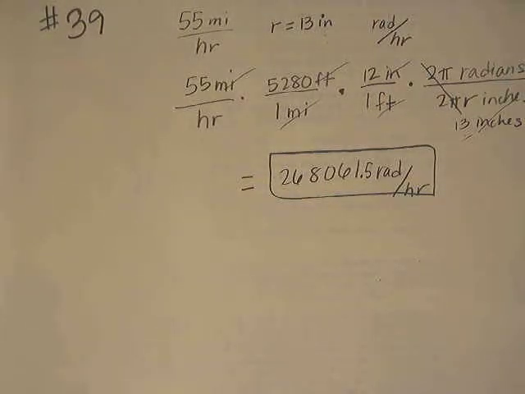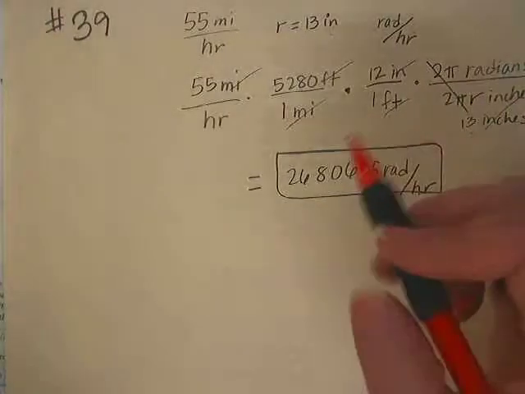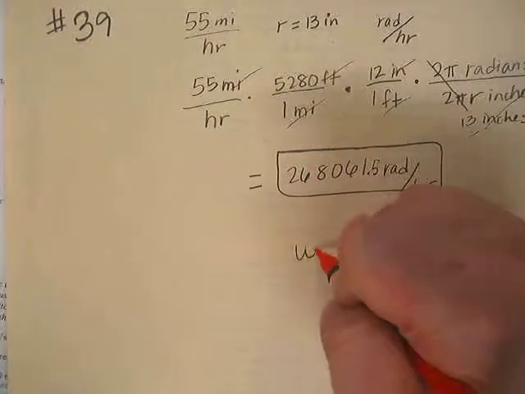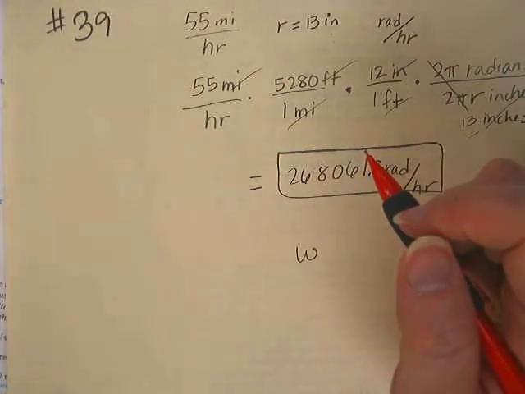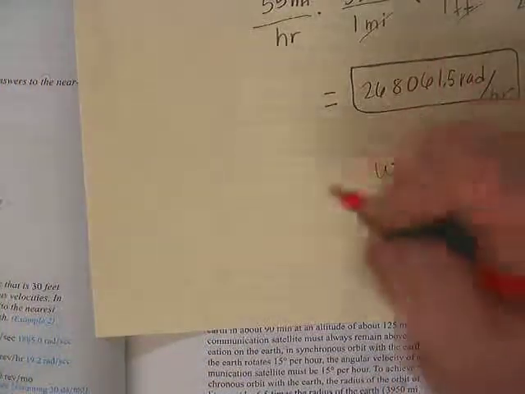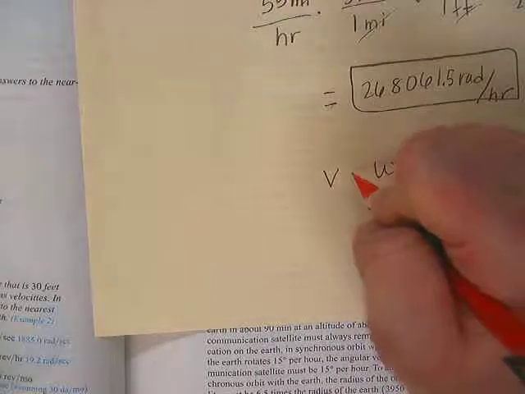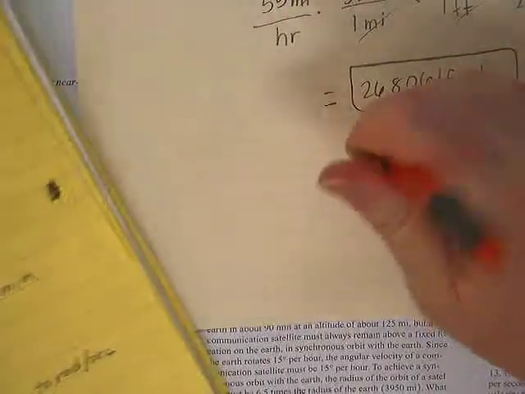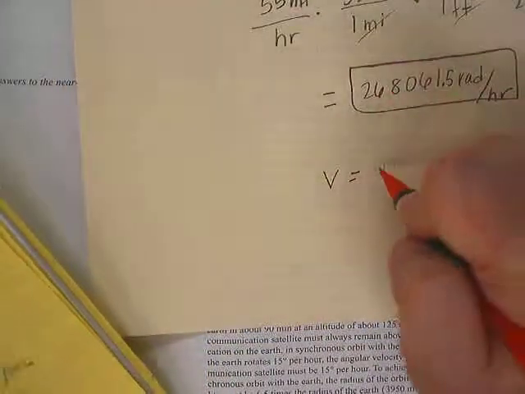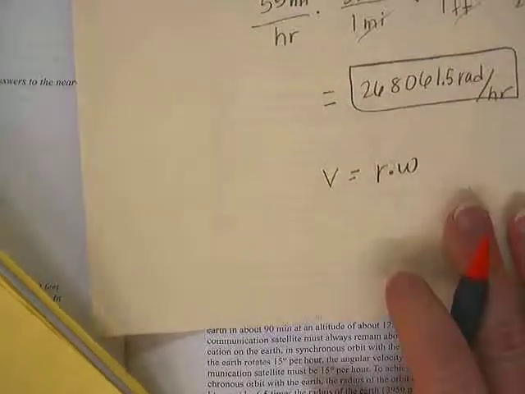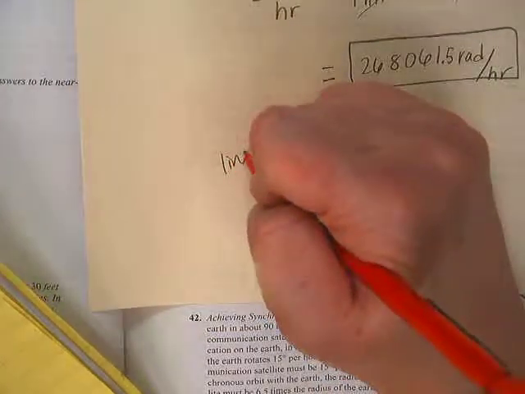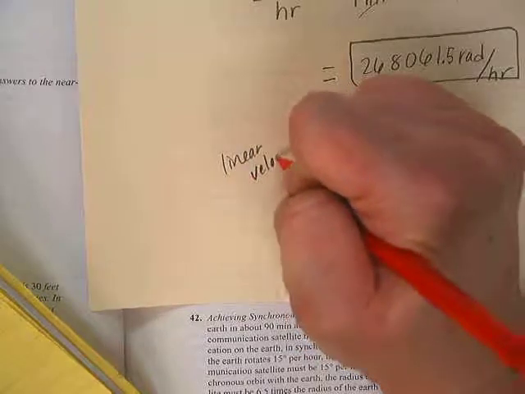I think we could just use formulas we learned last time instead, if you'd rather use those. What we're trying to find here is angular velocity. We learned that linear velocity is equal to r times angular velocity, correct?